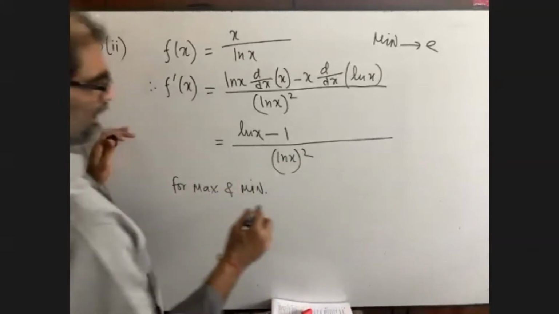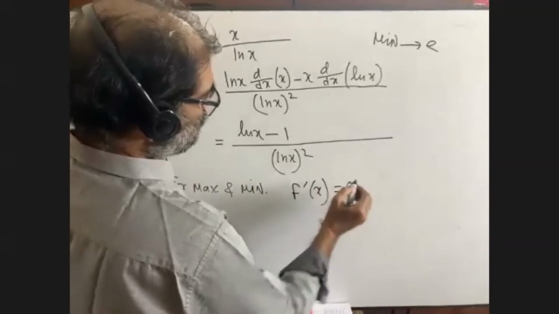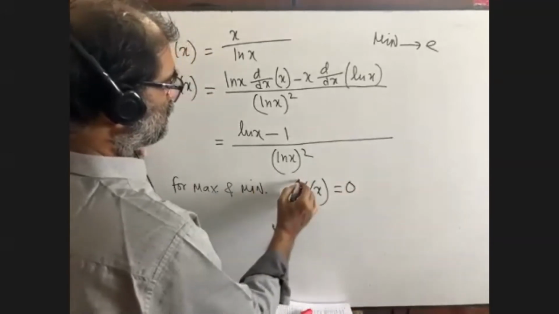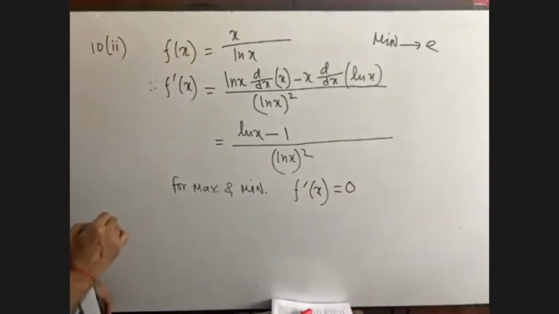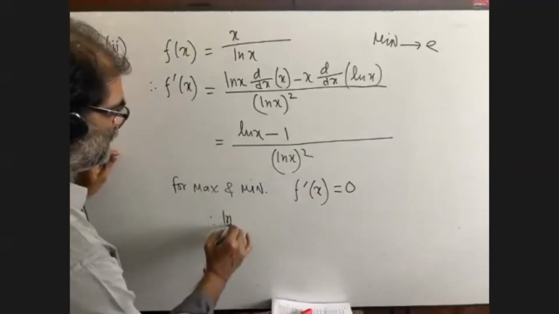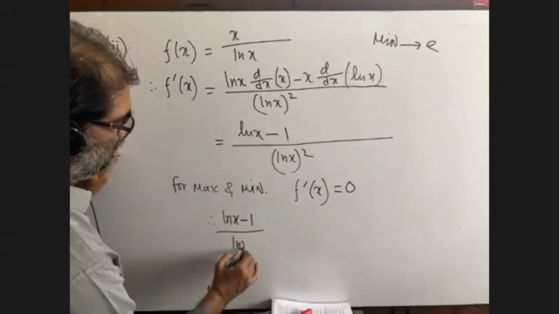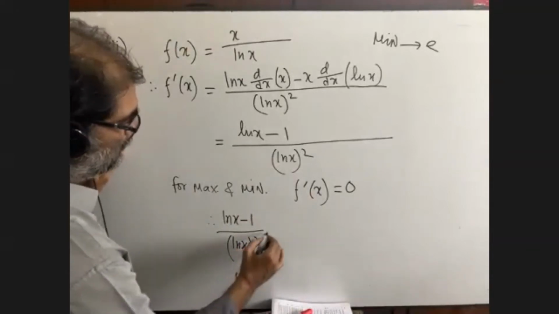F prime x is equal to 0. Therefore, (ln x minus 1) by (ln x) whole square is equal to 0.